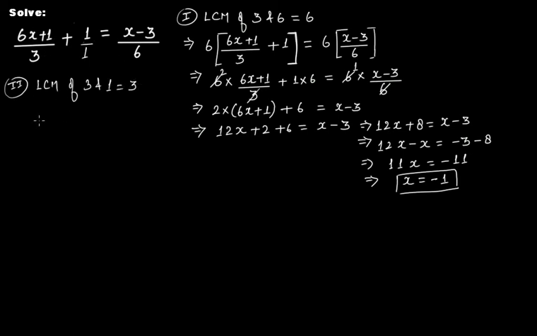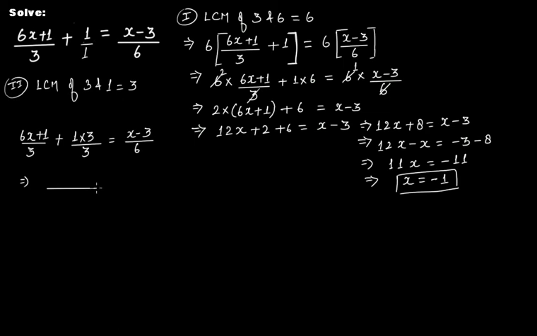So when you take this LCM here, if we need the denominator as 3, it's already 3 here. So simply write 3. Then this is 6x plus 1, plus this becomes, in the denominator we have 3, and then this is 1 by 3 is equal to x minus 3 by 6.